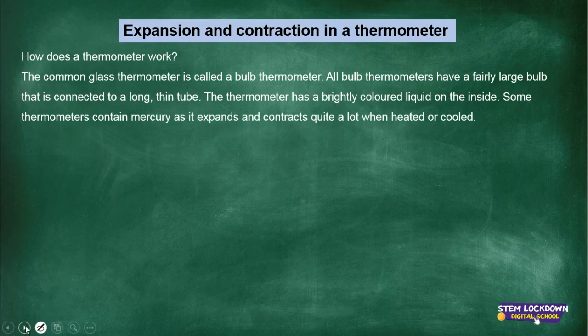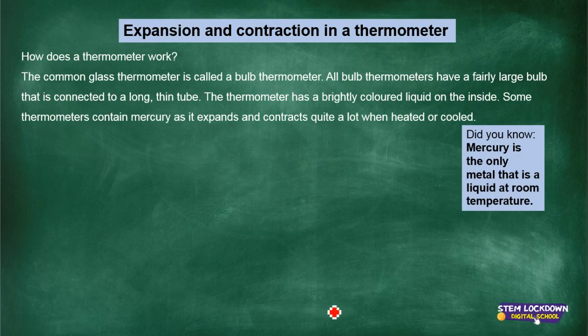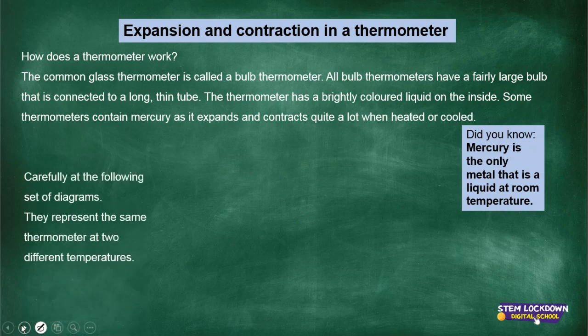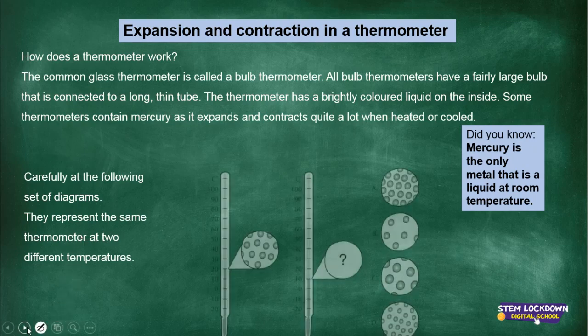Did you know mercury is a metal, but it's the only metal that becomes a liquid at room temperature? So in a thermometer, they're using mercury, which is a metal, but at room temperature it is a liquid.